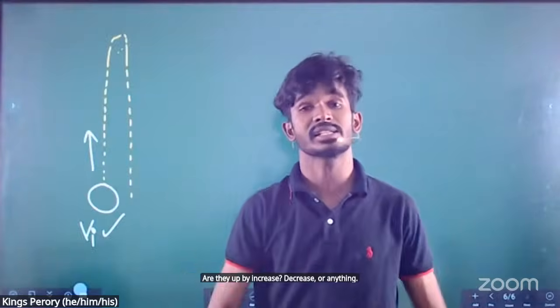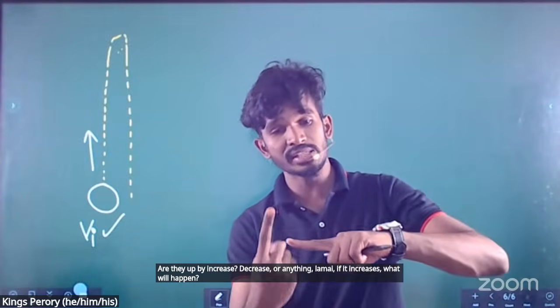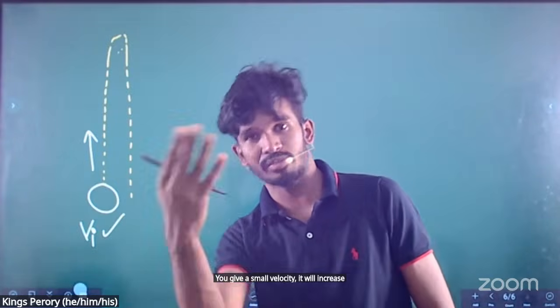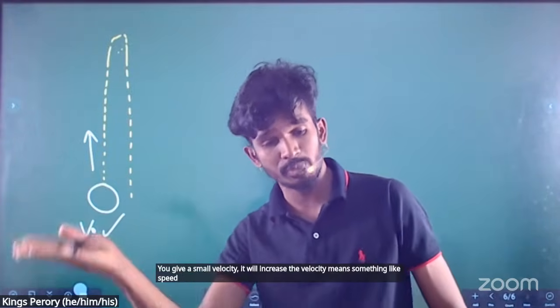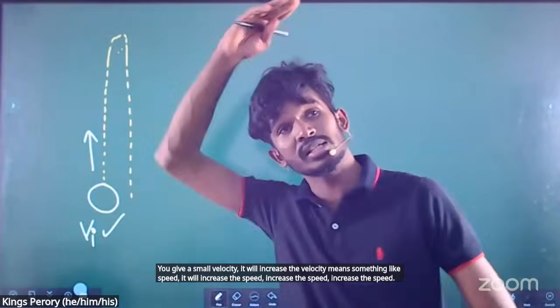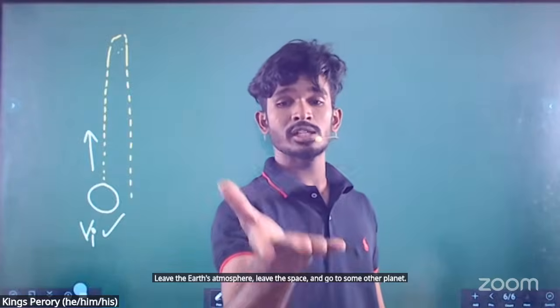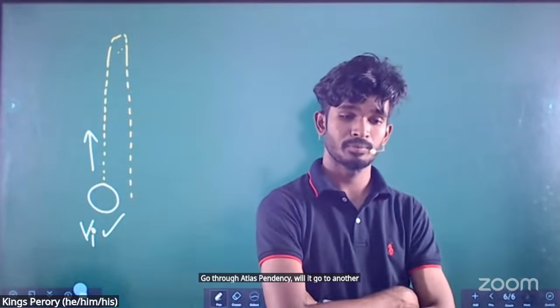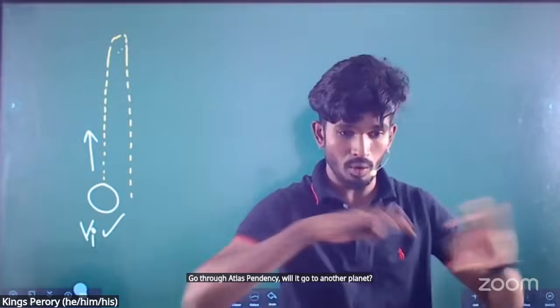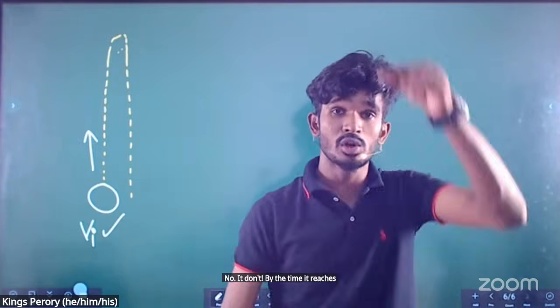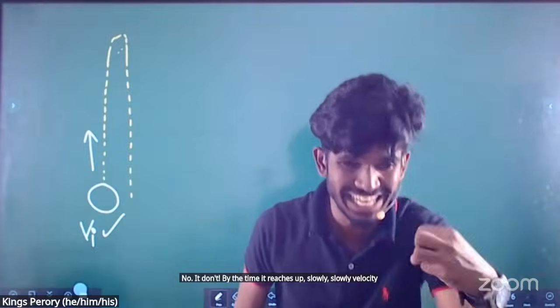If it increased, what would happen? You give a small velocity, it would keep increasing, leave the Earth's atmosphere, leave space and go to some other planet. Go, throw a pen and see, will it go to another planet? No. By the time it reaches up, slowly velocity decreases, speed decreases.